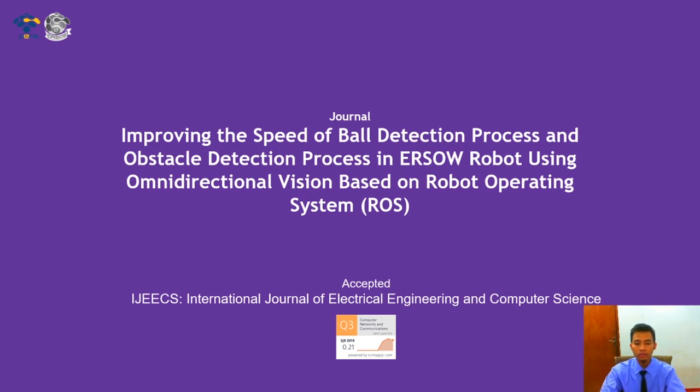Both publications, the paper and the journal, were accepted. I took part in the online conference because of the pandemic, so I could not attend, or because the event was not held offline, so I presented online.